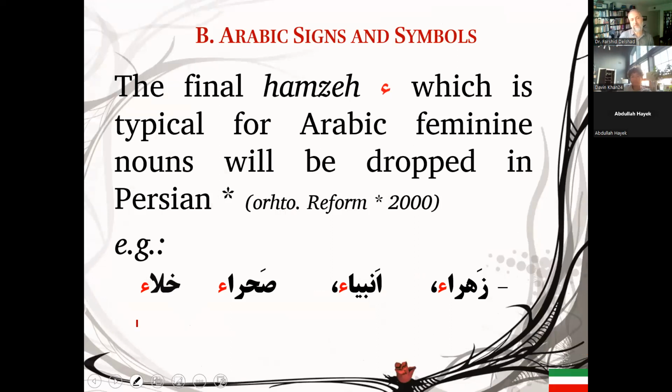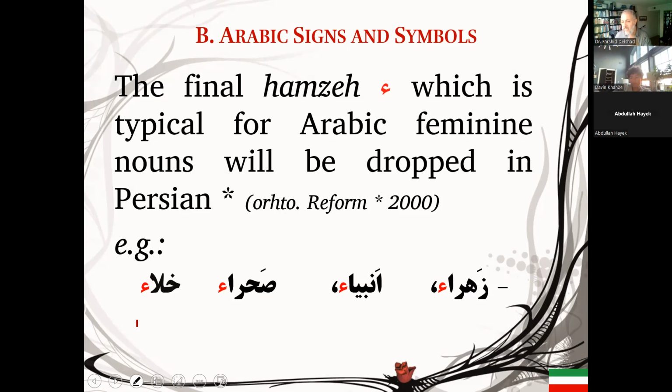And that's something very important. Look, this hamzeh has two functions in the Arabic language. It is either a sign of a long aleph, or a sign of femininity, or a sign of a plural feminine. So you would use this hamzah at the end.